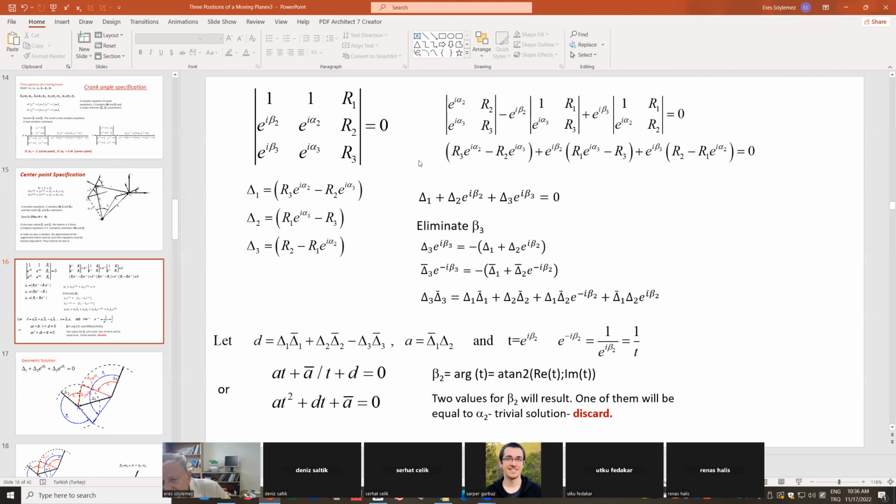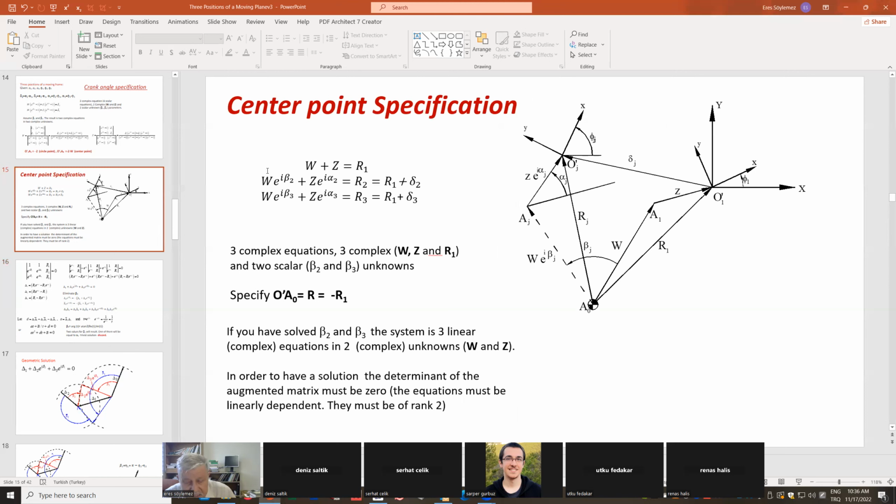I have eliminated, let me repeat, W and Z using this condition. Because once I solve for beta 2, beta 3, if I solve this correctly, then these three equations must be linearly dependent. Only two of them can be independent.